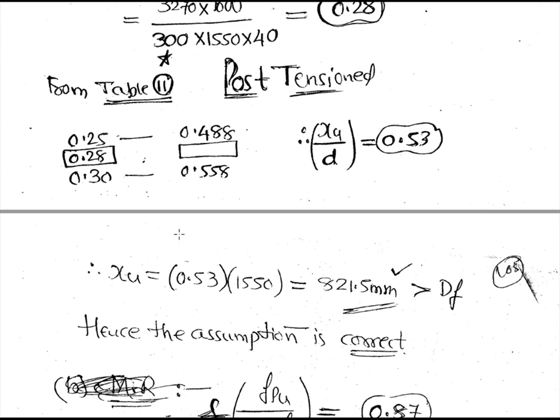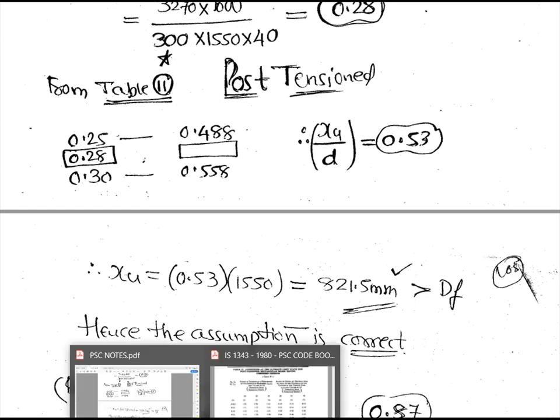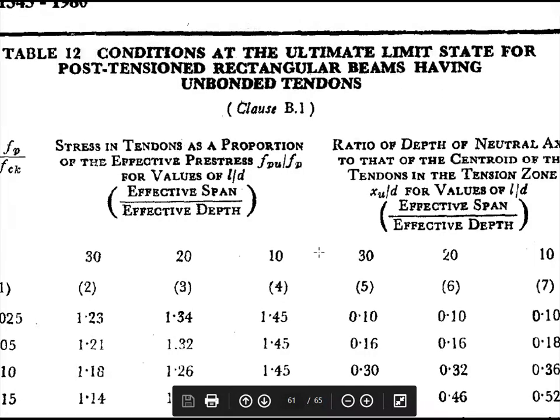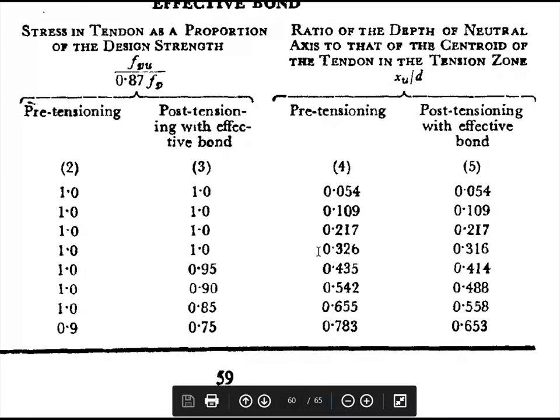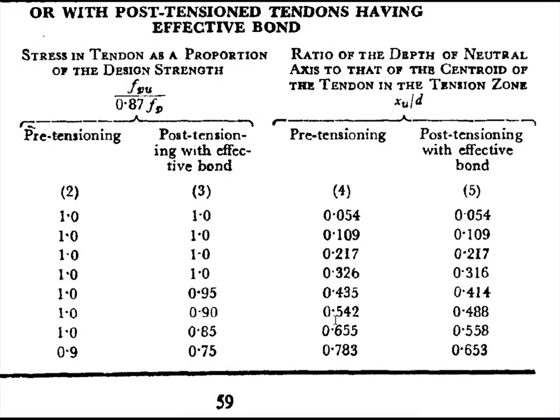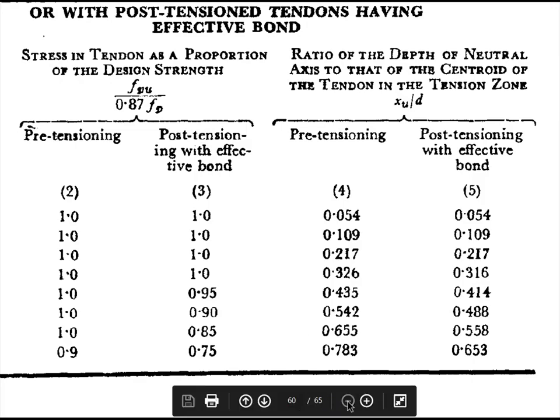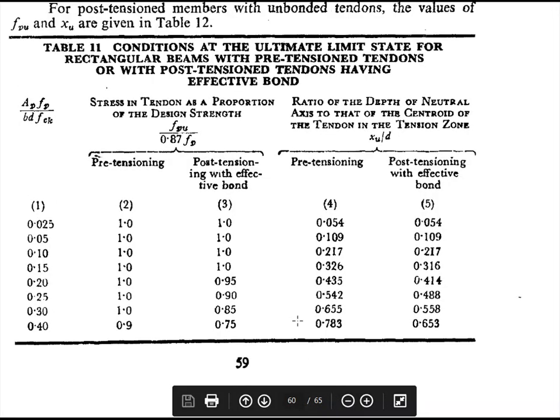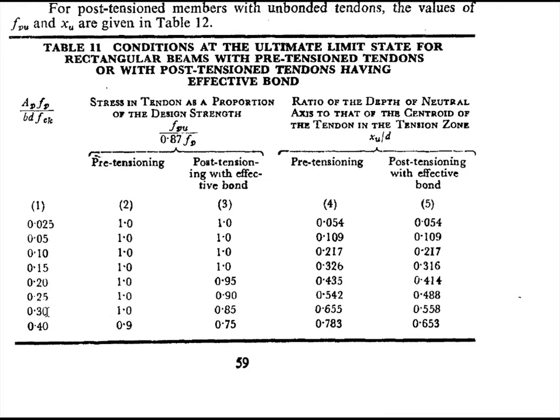For the value of 0.28 in table number 11, we don't have 0.28, we have the value for 0.25 and 0.3. 0.9 and 0.85.